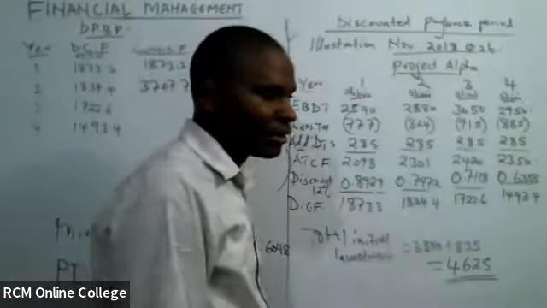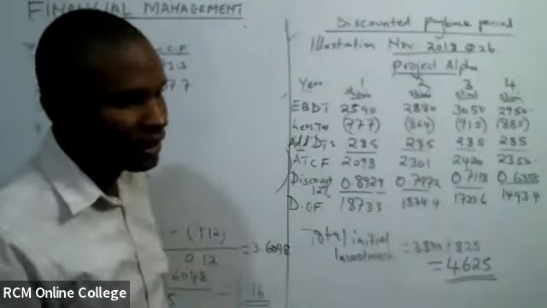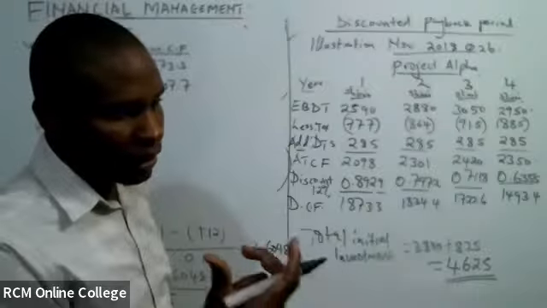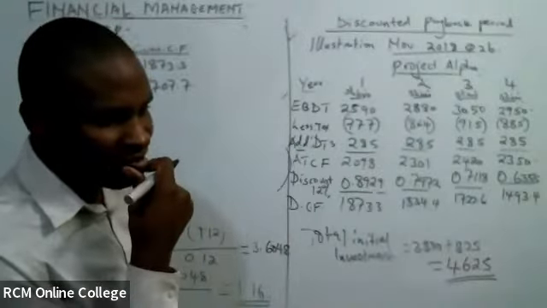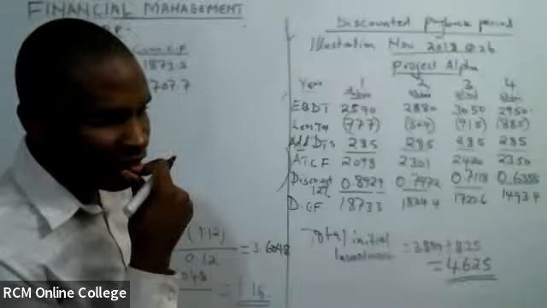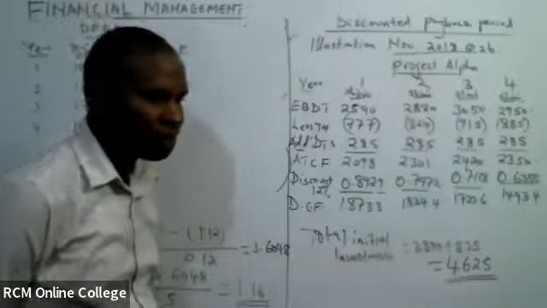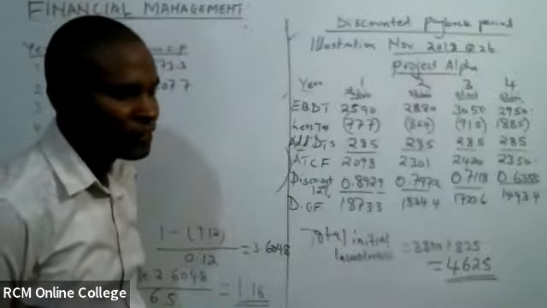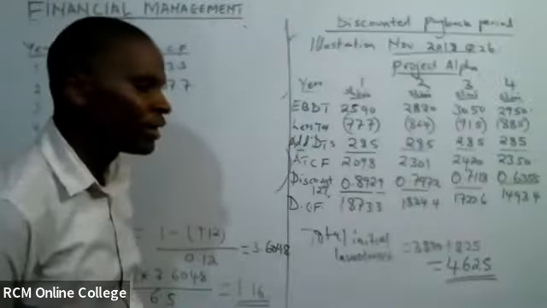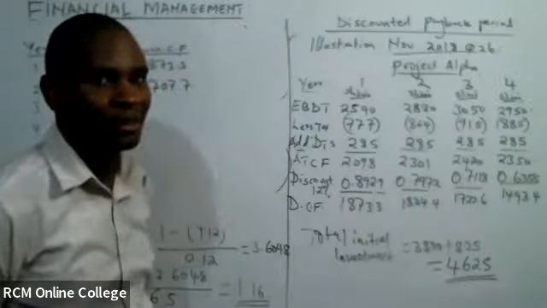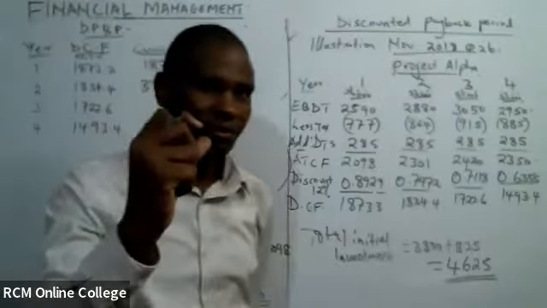Tunasema kwamba the initial outlay, it has several components. Ngoja kidogo, wait a minute. Nasema initial outlay has several components. One of the components is the cost of that item, right?